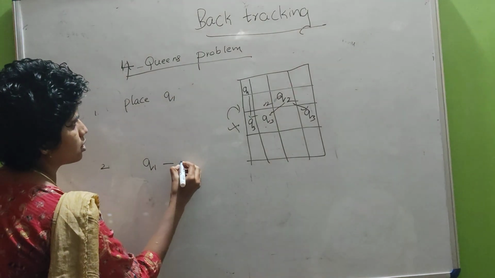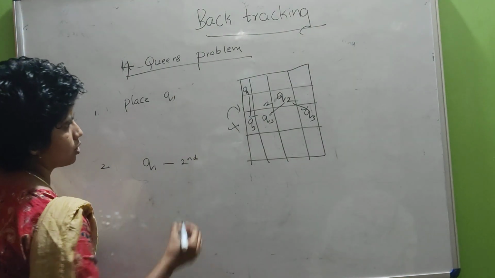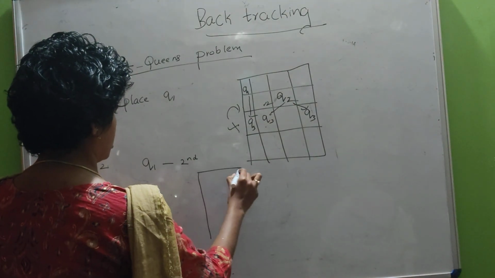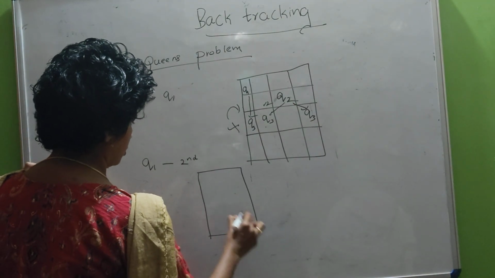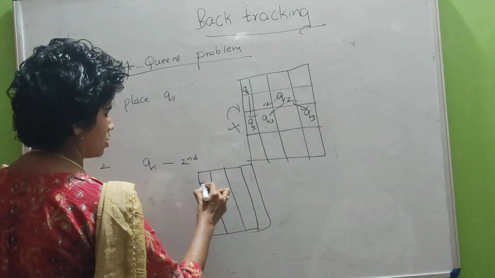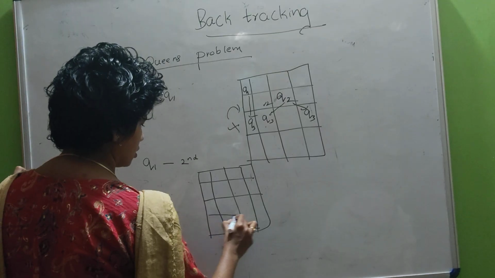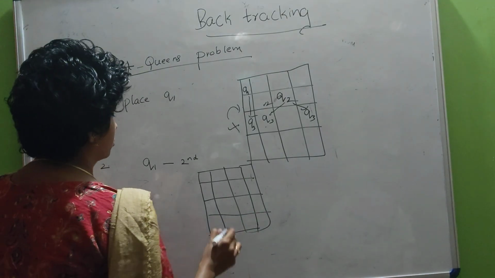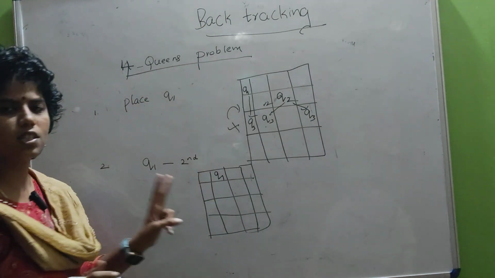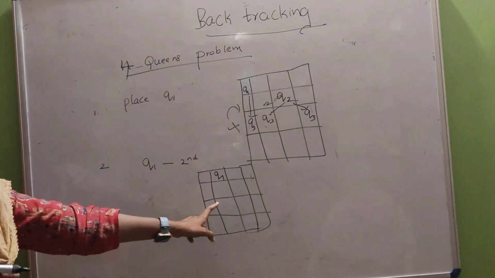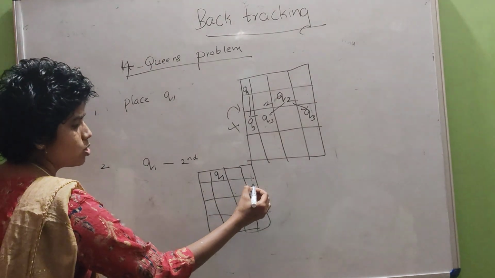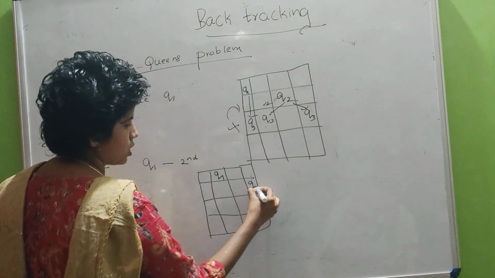Q1 is placed in the second column. This is Q1. Now you are placing Q1 in the second column. Whenever you are placing Q1 here, the possibilities of Q2 you can't keep here, you can't keep here. So you are placing Q2 here.